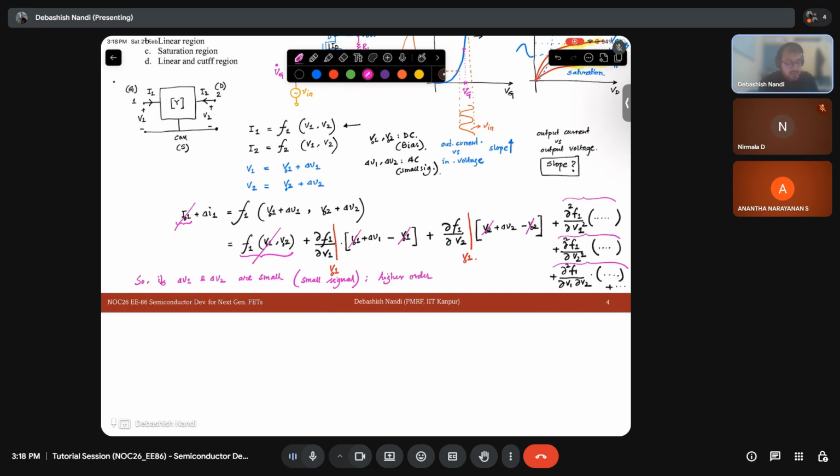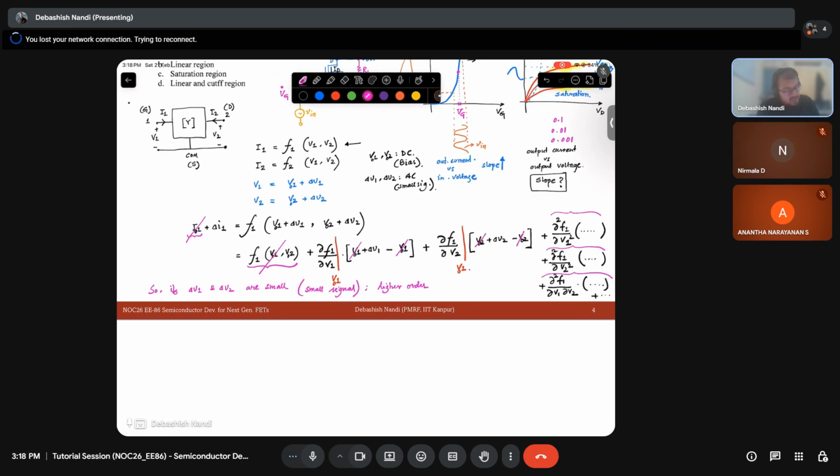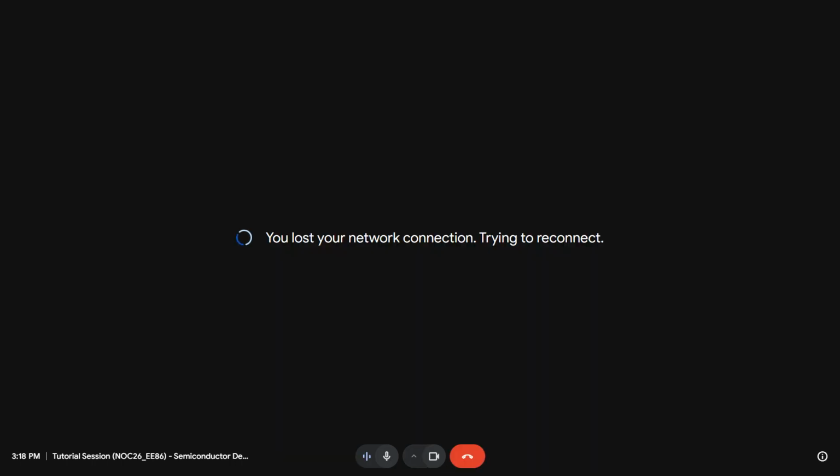For example, if I have 0.1, then what is the square of that? 0.01, right? It gets smaller every time. If you go to the cube, then raised to the power 4, you can ignore those terms and keep only the linear components, these two.